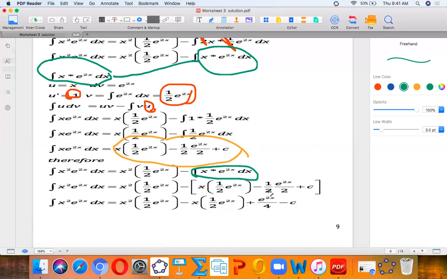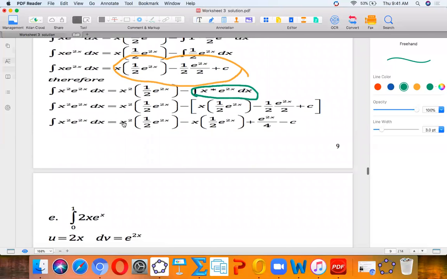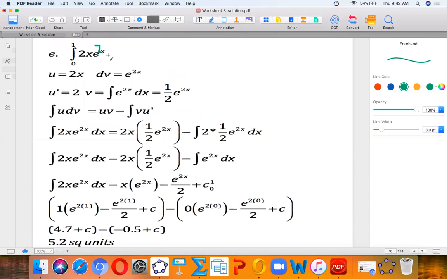But I'm expecting to see 2 times 2 to give you 4. So the answer for this would be x squared half e to the 2x minus x half e to the 2x plus e to the 2x over 4, plus c. I don't have to make a lot of correction.